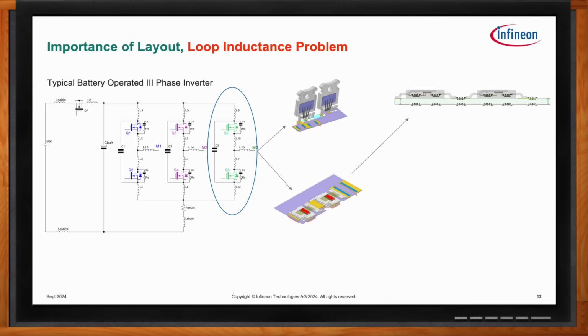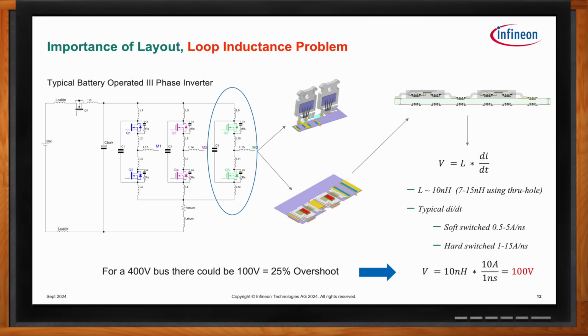So considering a standard inductor equation, which stems from Faraday's law, the equation being V equals L times di/dt, a quick calculation leads to understanding the significance of the parasitic loop inductance, especially when it comes to fast switching devices like GaN.